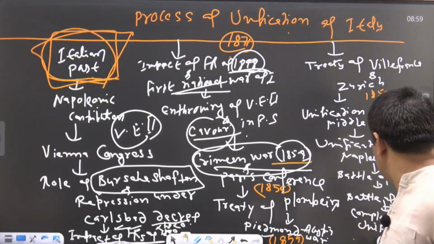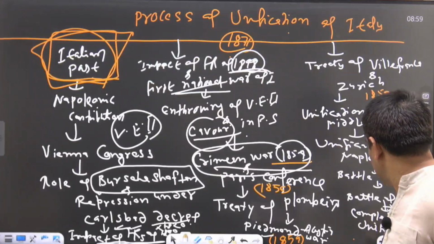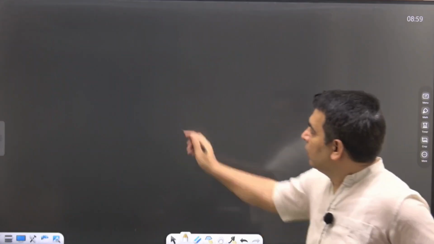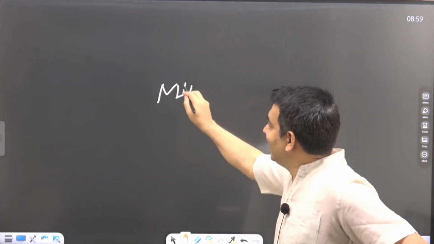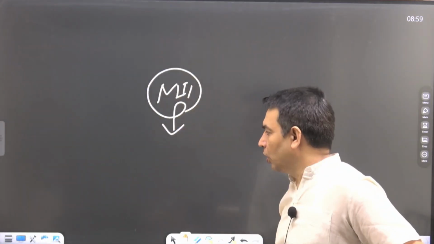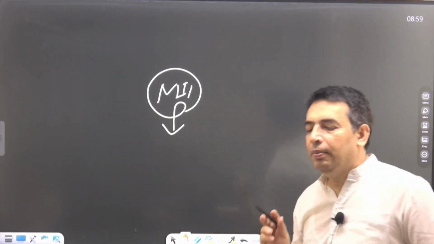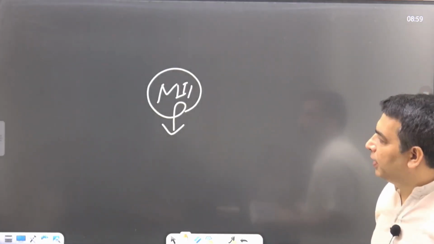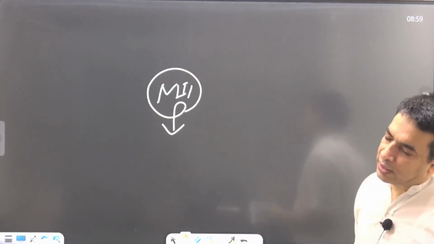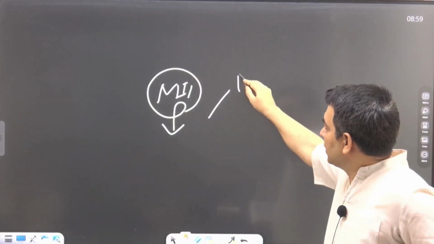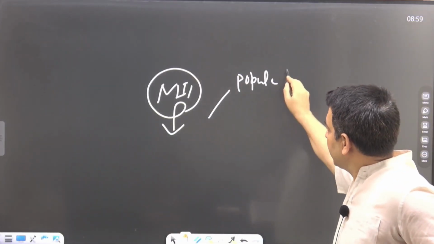Now the question is why Napoleon III agreed to sign the Treaty of Plombieres, why he became ready to help Piedmont Sardinia in the unification of Italy. So first, his popularity was declining.